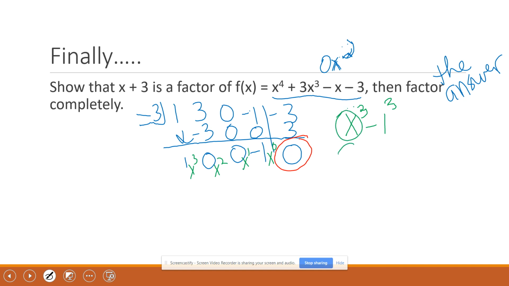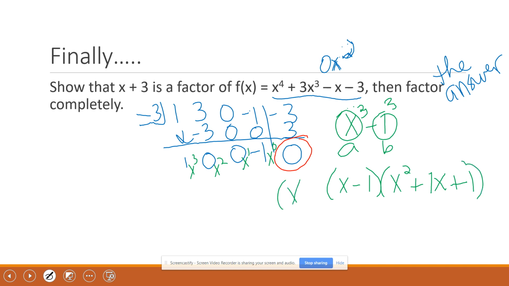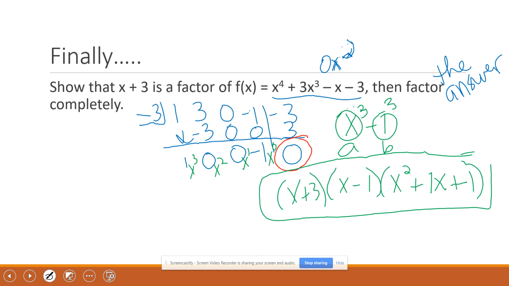So that tells me that my a is x and my b is 1. So we have a squared plus a times b plus b squared. And then our x plus 3 from the start of the problem. So these are the factors of the polynomial that they gave us.